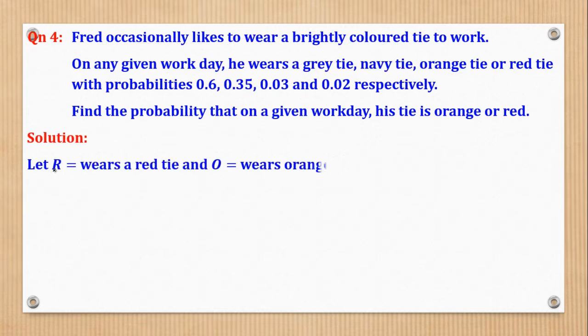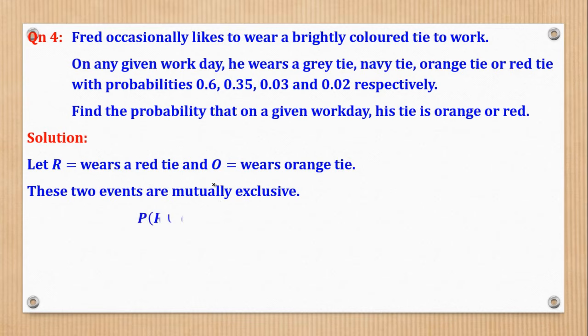So you are coming and say that let R denote that he wears a red tie and O denote that he wears an orange tie. So these two events are mutually exclusive. Now mutually exclusive means that they cannot happen at the same time. That is why we say that their intersection is equal to 0. Therefore probability of R union O is equal to probability of R plus probability of O. So here, let's first state the corresponding ones.